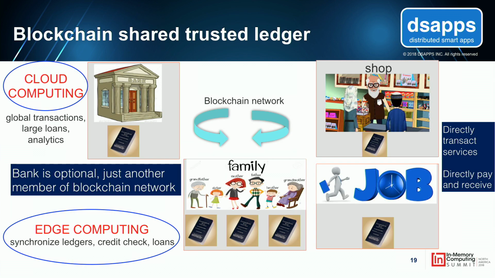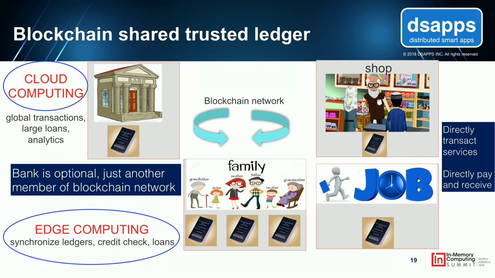But tomorrow, what happens is, there's a family, and each of them has passbooks. So these are like ledgers, and they all have to be synchronized. So you need to synchronize ledgers. Also, people go to a job, and you may shop, and it's not necessary for you to go to the bank each time. Perhaps you can open a credit directly with the shop based on your job.